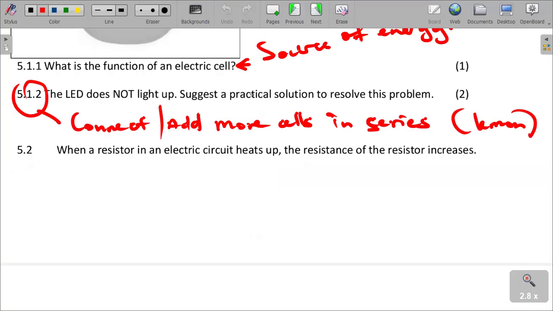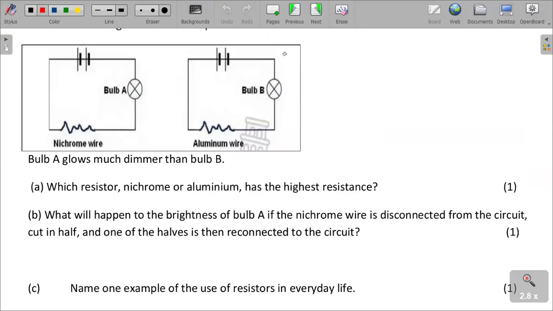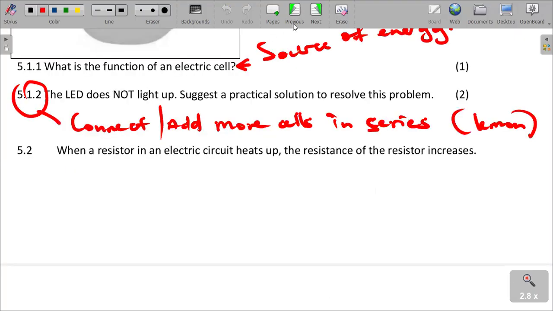When a resistor in an electric circuit heats up, the resistance of the resistor increases. Yes. So now what is our question in this case? Bulb A glows dimmer, which resistor? I think this question has been cut off. As you can see here, it's just an omission of some statements.